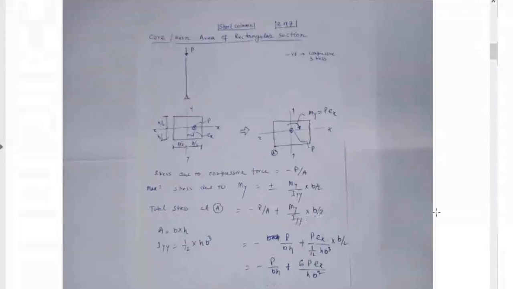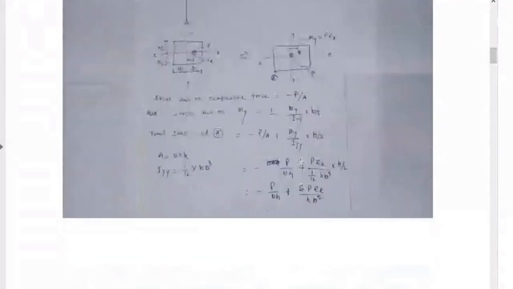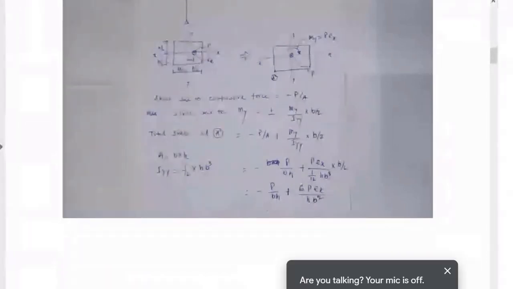Now if we put the values of A and Iyy, that becomes minus P divided by BH plus P into Ex, the value of My, divided by the value of Iyy, which is 1/12 HB cubed, multiplied by b by 2. If we simplify this, ultimately we get minus P divided by BH plus 6PEx divided by HB squared. This is the total stress at point B.